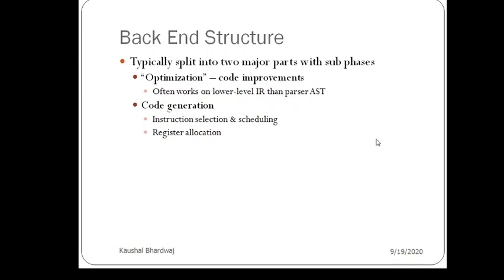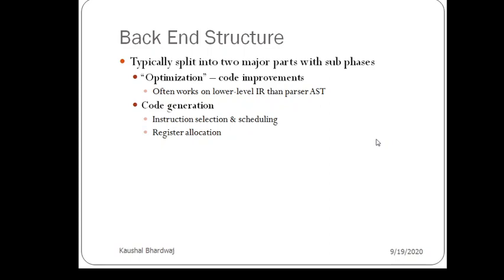The back-end is typically split into two major parts with sub-phases: optimization and code generation. Optimization means we will try to improve the code. Given the code, we will try to understand where it can be improved, and then we will generate the final code.